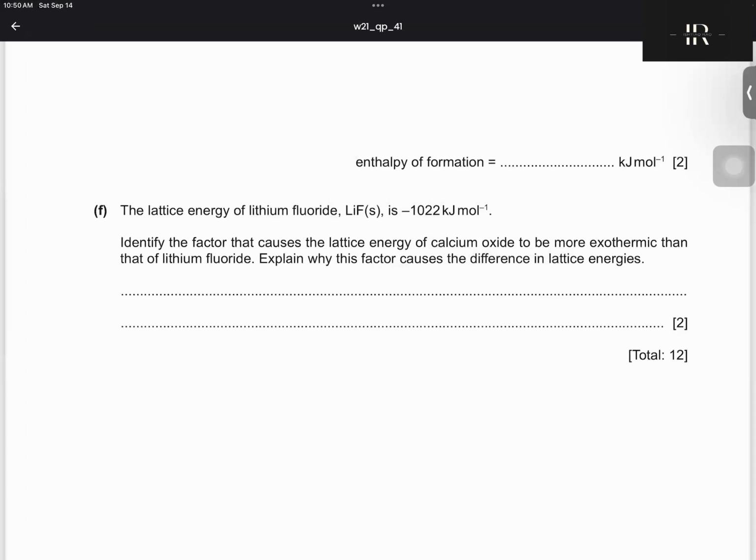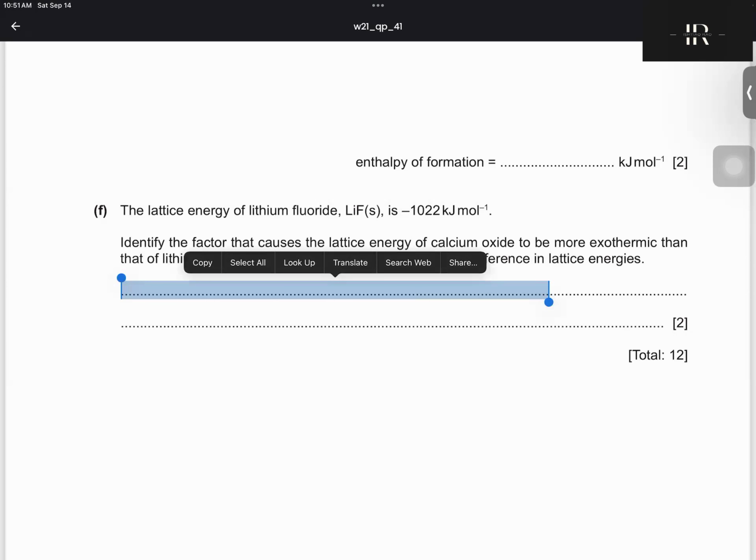That's why they are asking in this question to identify the factors. So what are the factors? Basically, you can write the atomic radius, which is also a factor, and the charge as well. This is of 2 marks.